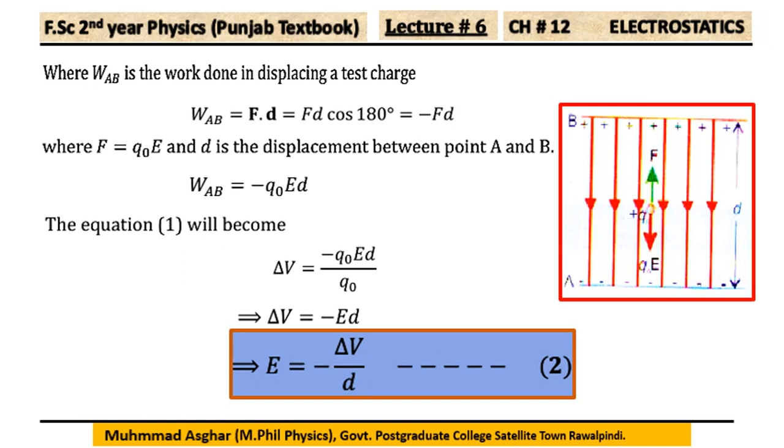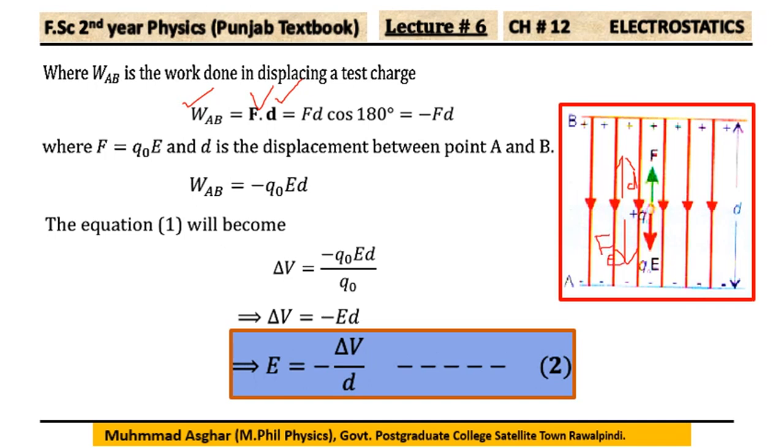Now the work done WAB when charge is moving against the electric field is given by F, product of force and the displacement. This work done is the work done by the electric field. So electric force is in the downward direction, and displacement D is in the upward direction.